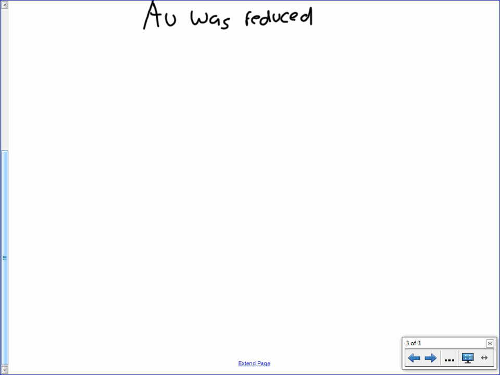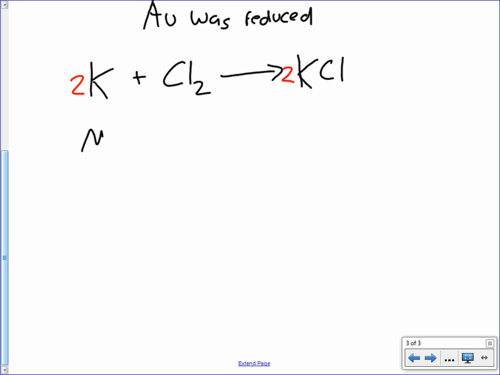Okay, let's try potassium and chlorine, or potassium chloride. And let's do magnesium burning.